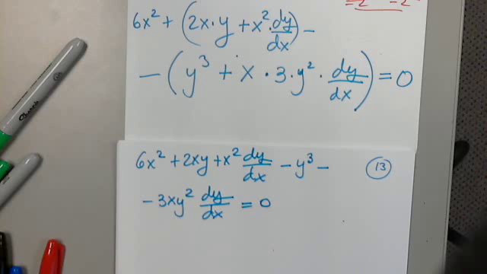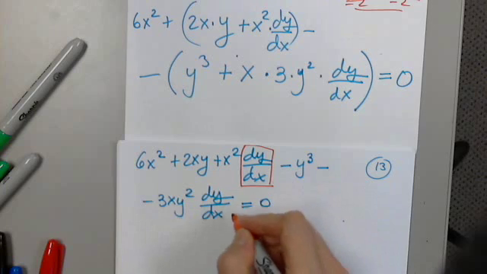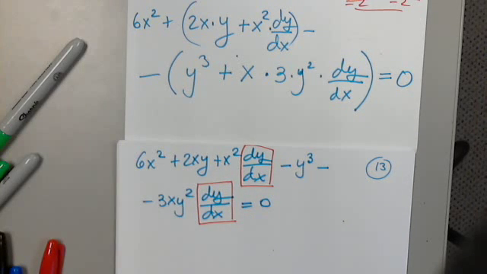Are you with me? And now remember, this is what I want. Exactly. And what happens to all the other terms that do not have dy over dx? They have to go where?